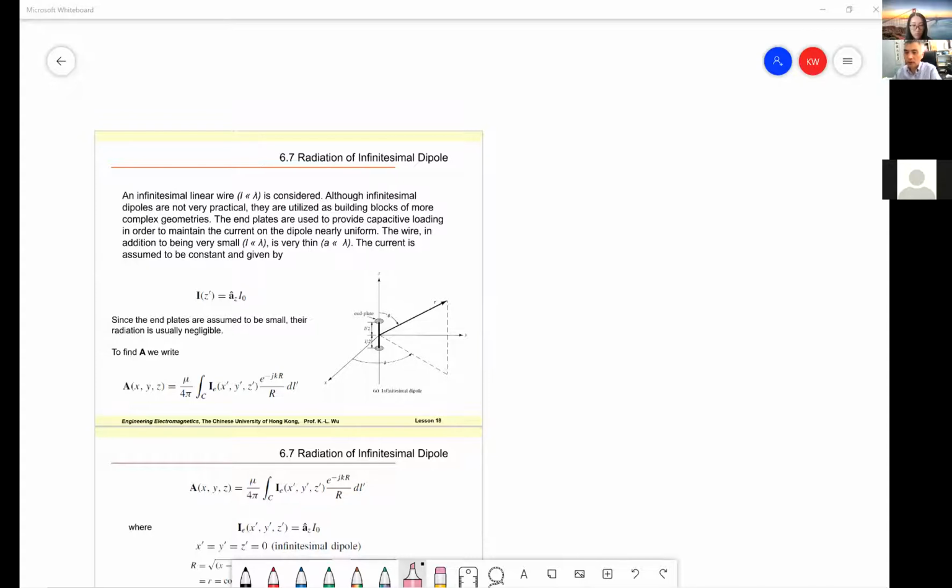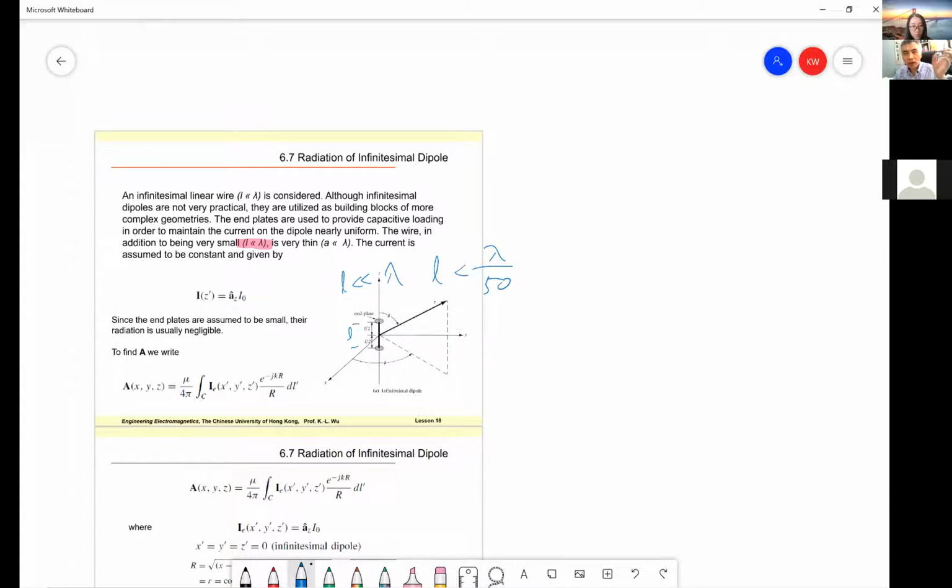Right. So first, we assume we have a very small dipole. This small dipole, the overall length L, is much smaller than the wavelength, and usually that L should be smaller than, let's say, 1/50th wavelength.